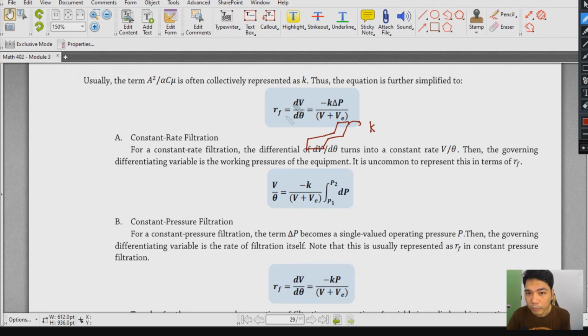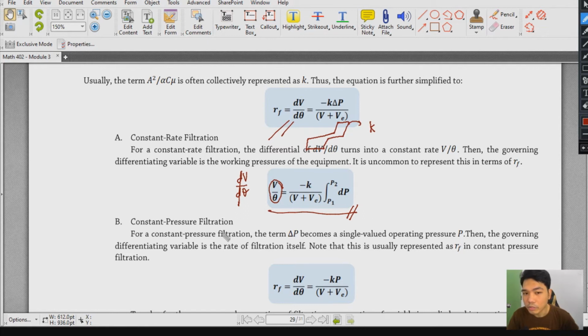So pwedeng tanggalin mo lang tong d, kaya maging V over theta na siya. And then, di ba sabi natin dito that's delta P. So you will transform this in terms of integral, so that becomes P1 to P2 dP, kagaya nung kanina natin yung expression ng differential natin na pressure. So ito na yung magiging equation natin for constant rate filtration.